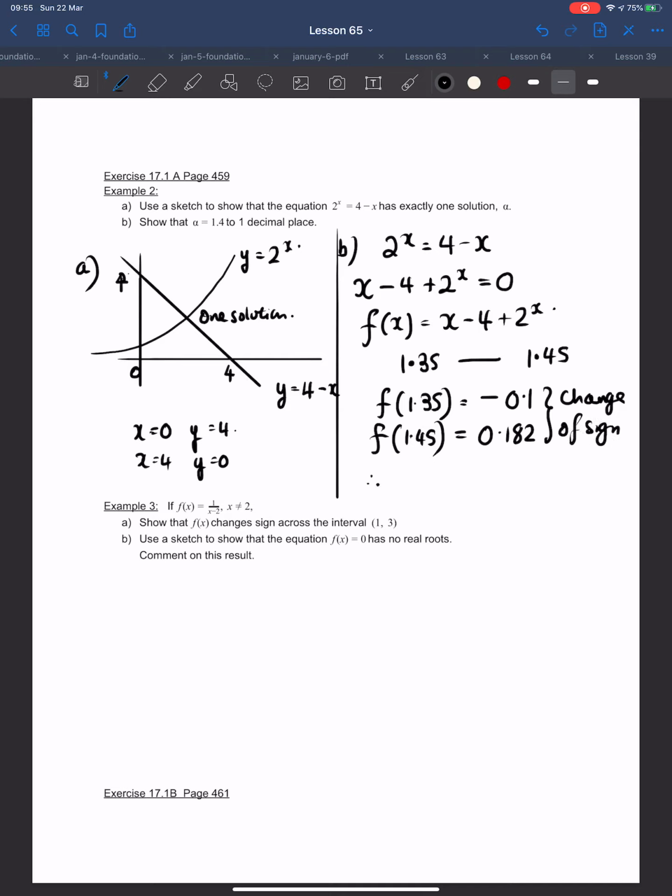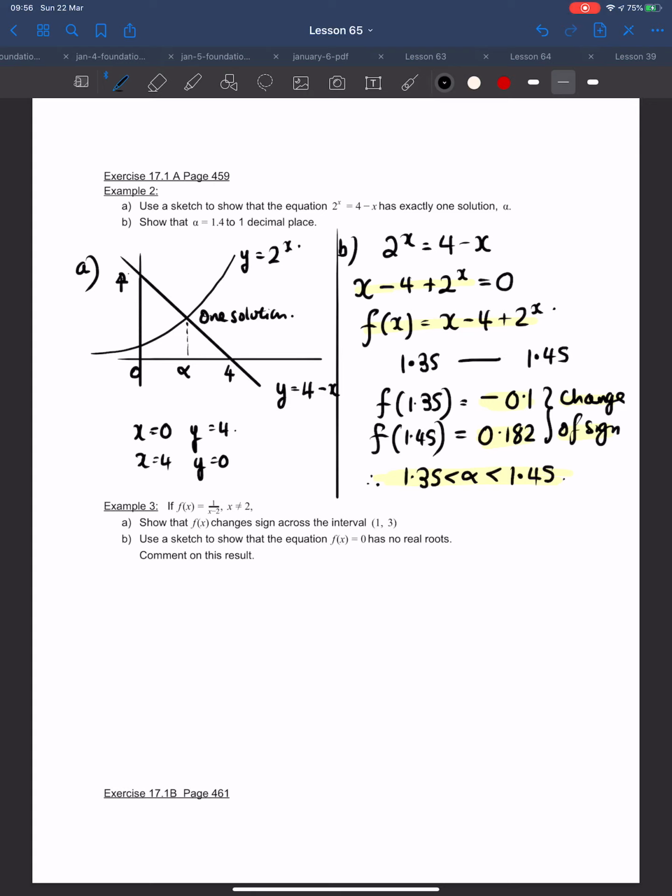So that alpha there lies between 1.35 is less than alpha is less than 1.45 because of that change of sign. Okay, that's the answer there. It's this change of sign that we're looking for. Set this equal to 0, so f of x is equal to that.